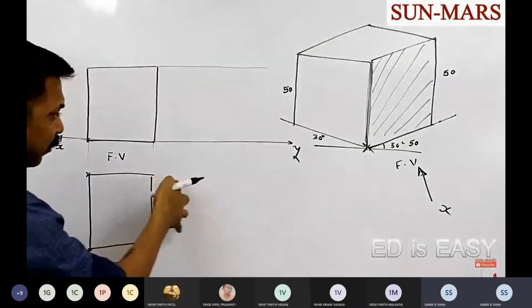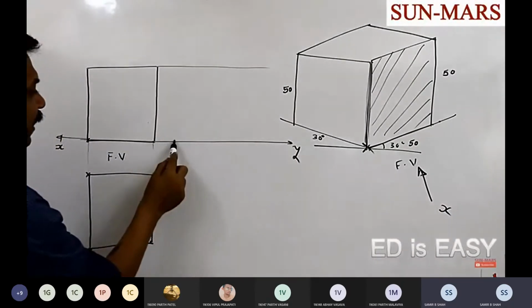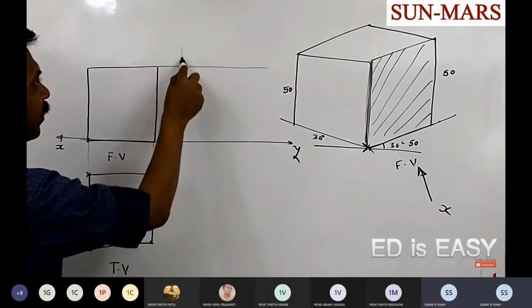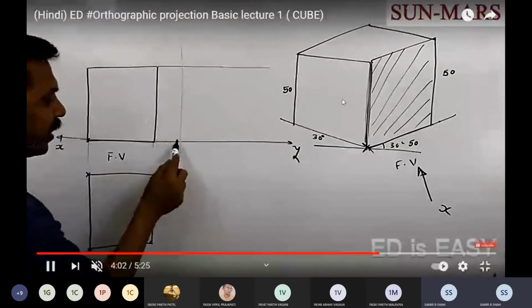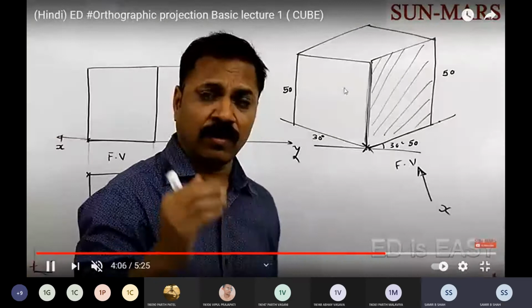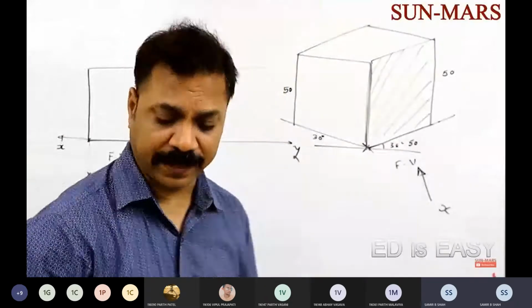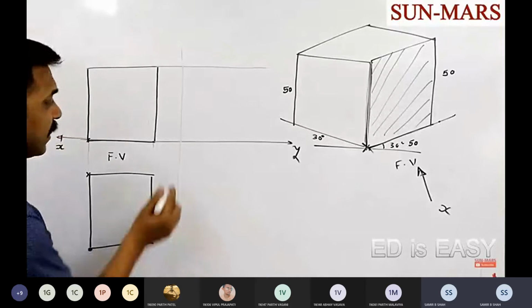Now talk about the side view. If you can see here, this is the left hand side view. From here, if we see in the diagram, then the left side is seen very properly.